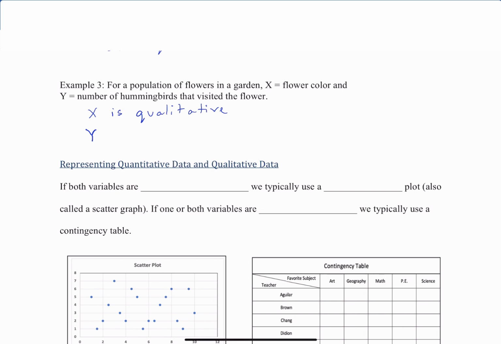So, for example, would it make sense to ask, are there more hummingbirds visiting red flowers than blue flowers? Or what's the average number of hummingbirds that visit a flower? Yeah, those questions make sense. So Y is quantitative.